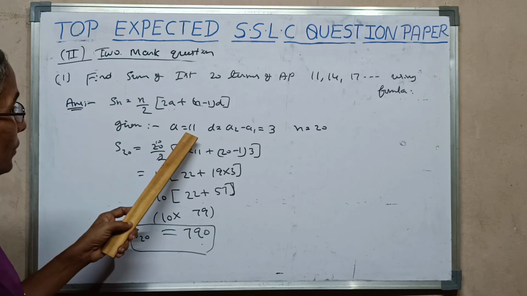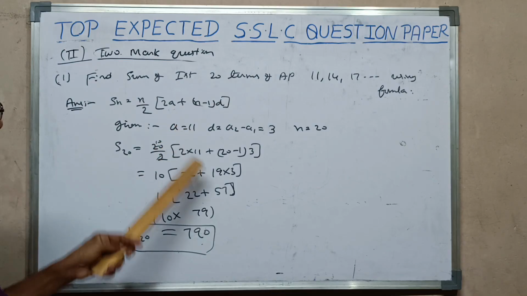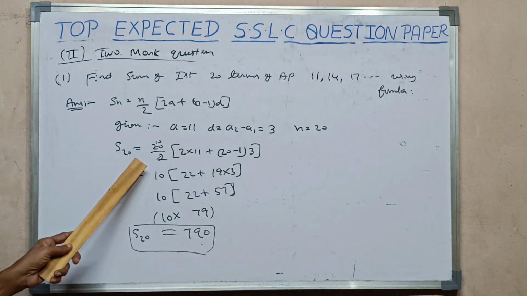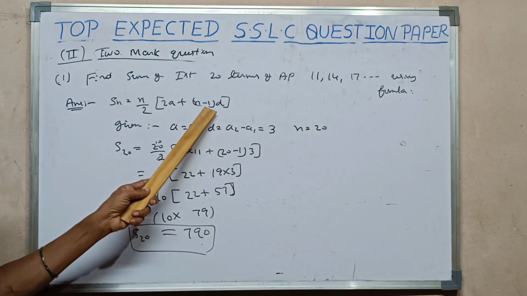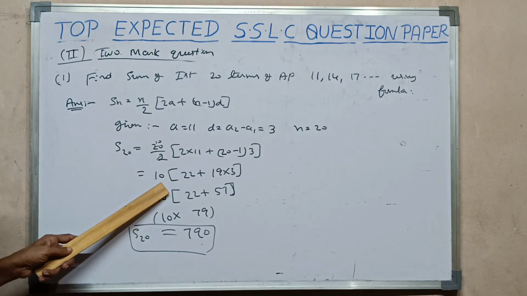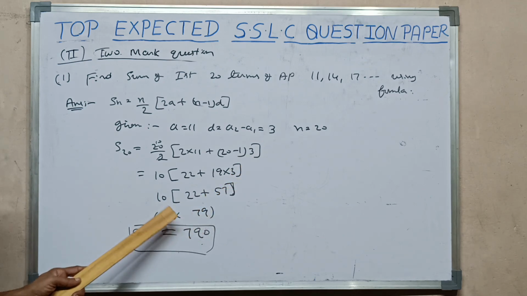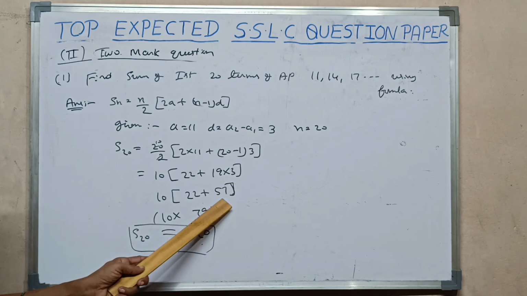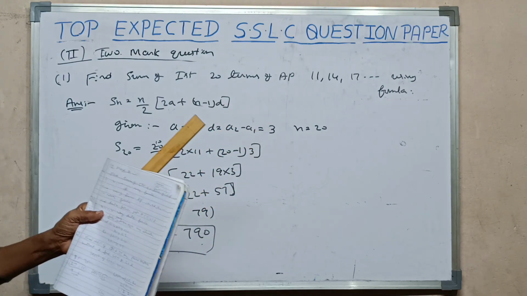Substituting a as 11, d as 3 and n as 20, S20 is 20 by 2 into 2 into 11 plus 20 minus 1 into 3. Here 2 10s are 20, 2 11s are 22, plus 19 into 3 is 57. So 10 into 22 plus 57, which is 10 into 79, is 790. So the sum of the first 20 terms of the AP is 790.